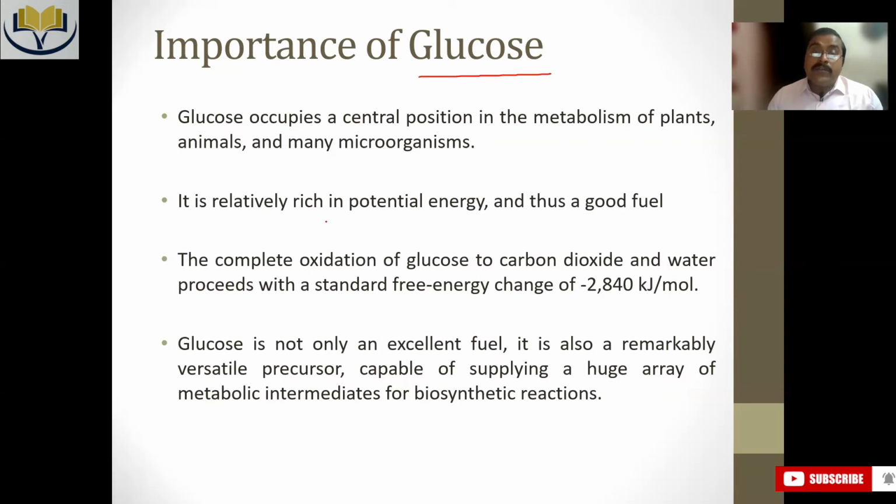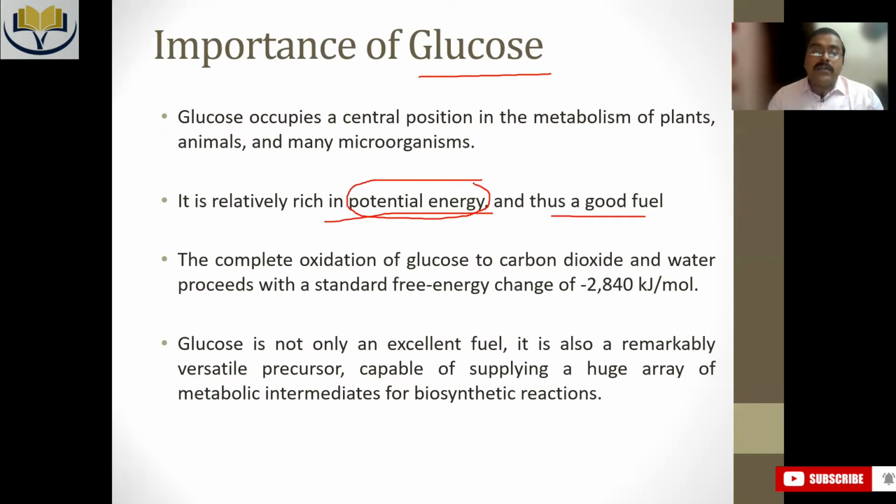Now, it is rich in potential energy. Where does this potential energy come from? What is your idea? As I have already told you just a few minutes back, glucose is synthesized by which organism? Plants, by the process of photosynthesis. And in this process, solar energy is converted into chemical energy.